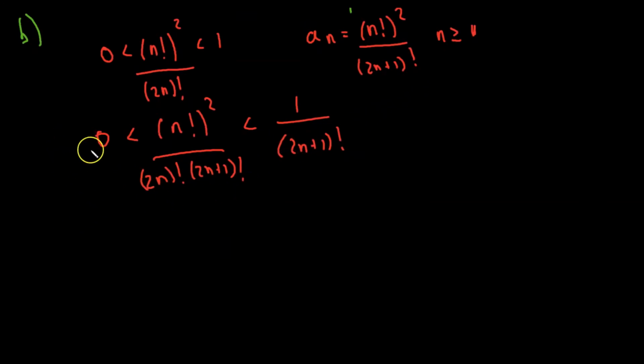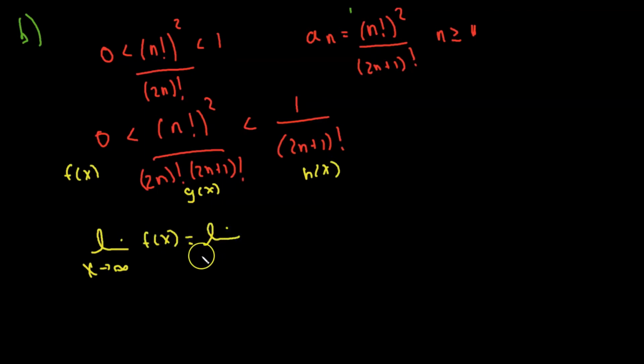The squeeze theorem says that if you have, let's say we label this left side f of x, this g of x, and this h of x, then if the limit as x approaches infinity of f of x is the same as the limit of h of x as x approaches infinity, equal to some value L, then automatically g of x has the same limit.